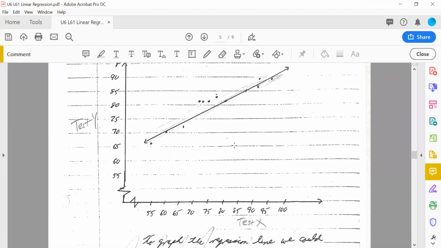Then there is no one line that will go through all these points. You try to find the line that best averages above and below. Some points will fall above the line, some points will fall below the line. That's the point, no pun intended.